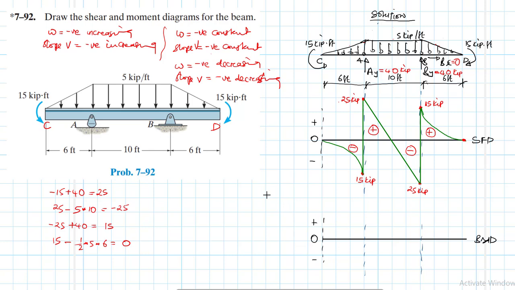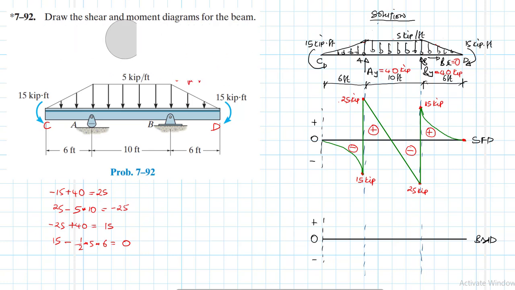So the moment, let's do the plots for the moment. For the moment we're going to use the relationship between our shear and our moment. So we know that from C to A, the shear force itself is negative and it is increasing.